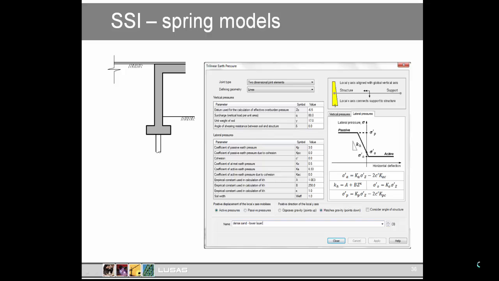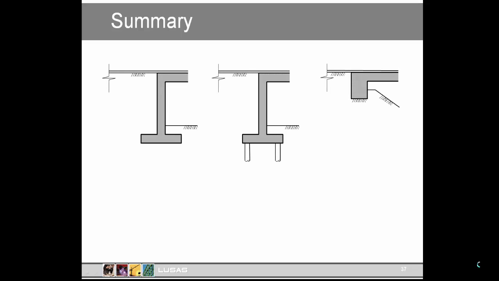So let's just summarize, reflecting on those various integral abutment types and the analysis approaches which are most appropriate for each. A full height integral abutment on pad footing, or a full height integral abutment on piles or a bank pad: well, they can typically be analysed with a structural model and soil pressures based on a K-star approach.